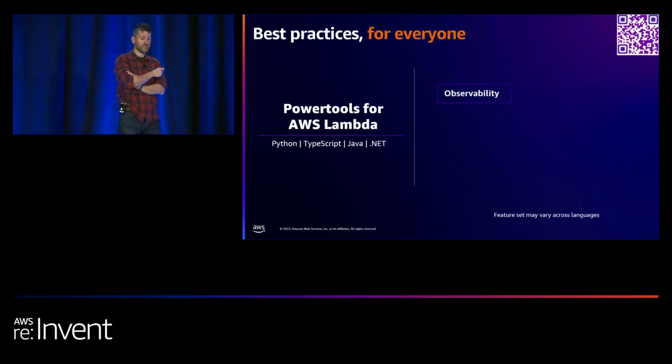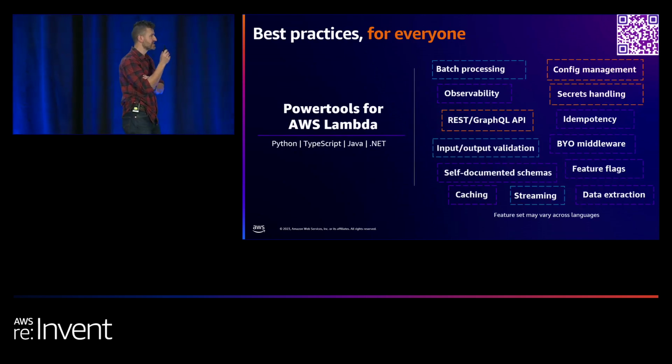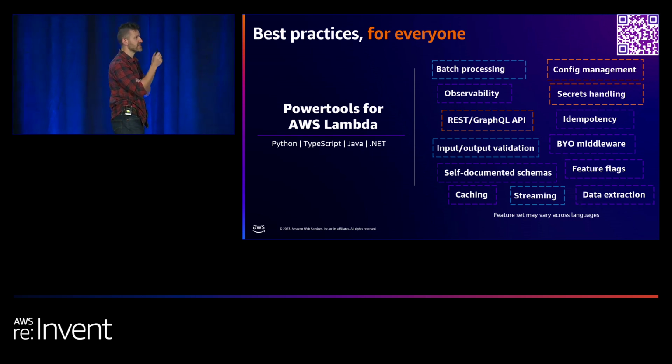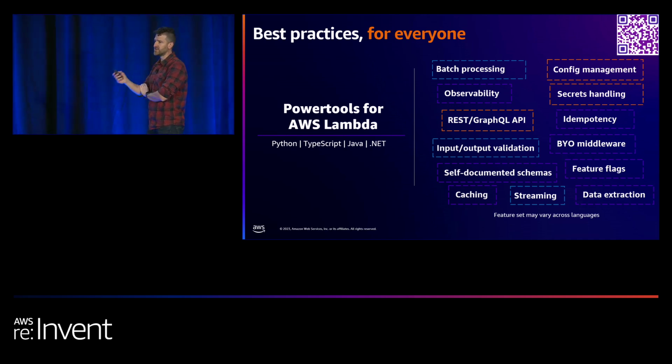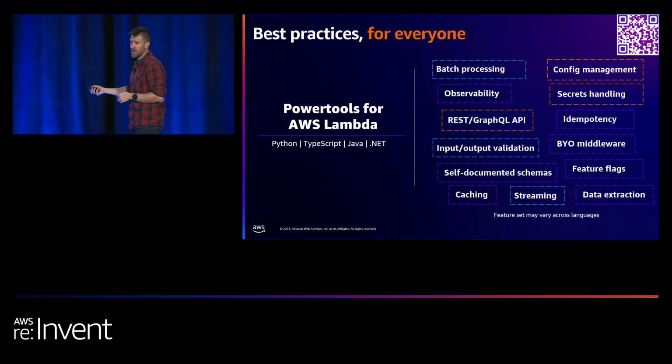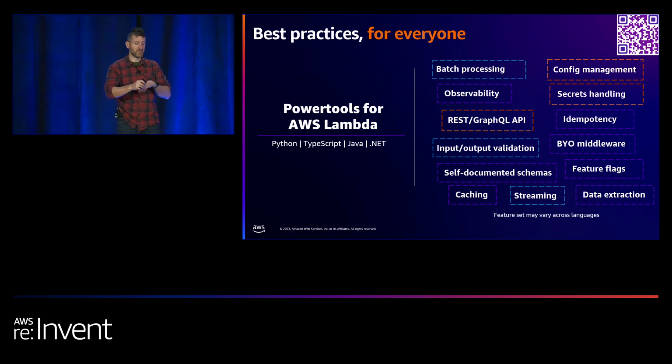Then there's another thing. If you're writing Lambda functions, I highly recommend that you take a look at Powertools for AWS Lambda. This is a set of libraries and utilities that are available across Python, TypeScript, Java, and .NET, and we're hoping to add more runtimes soon.